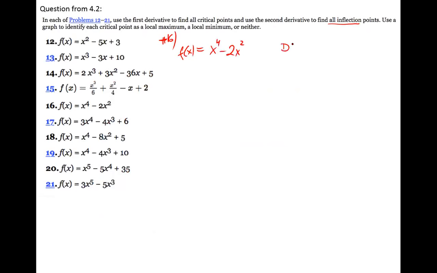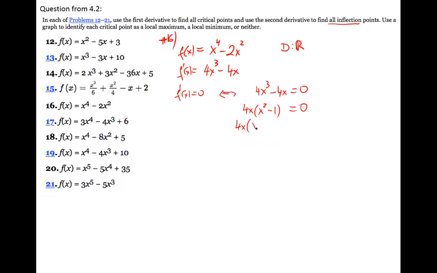Okay, we can see the domain is all of the numbers, no problem. We need the derivative, 4x cubed minus 4x. The derivative is 0 if and only if 4x cubed minus 4x is 0. Let's factor out 4x. And let's factor x squared minus 1 as x minus 1, x plus 1.